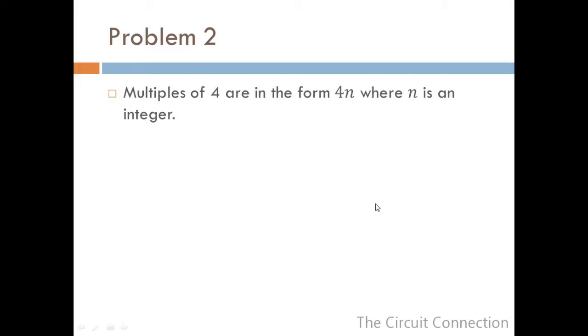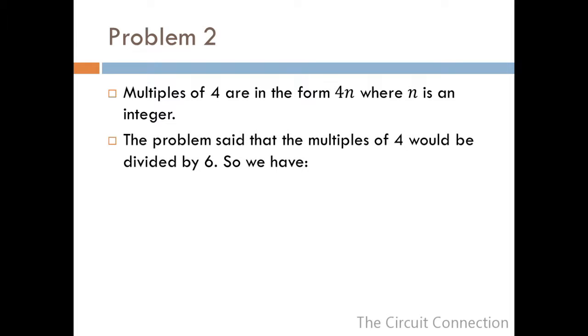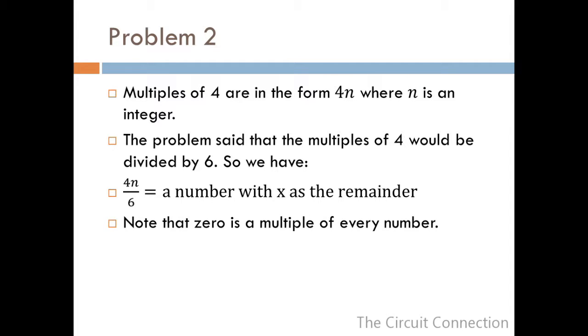Multiples of 4 are in the form 4n, where n is an integer. The problem said that the multiples of 4 would be divided by 6. So we have 4n over 6 equals a number with x as the remainder. Now note that 0 is a multiple of every number. This is because 4 times 0 equals 0.